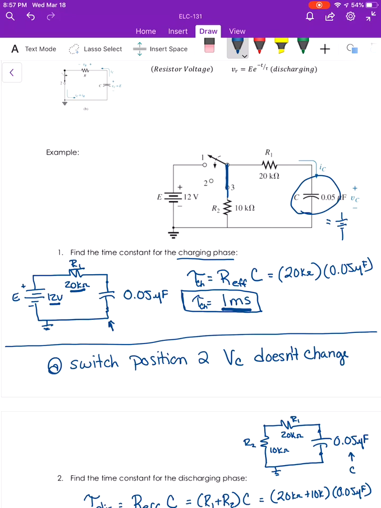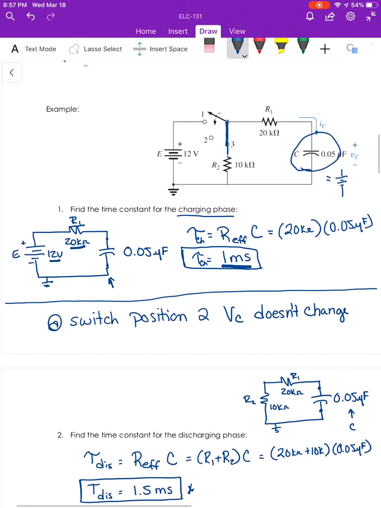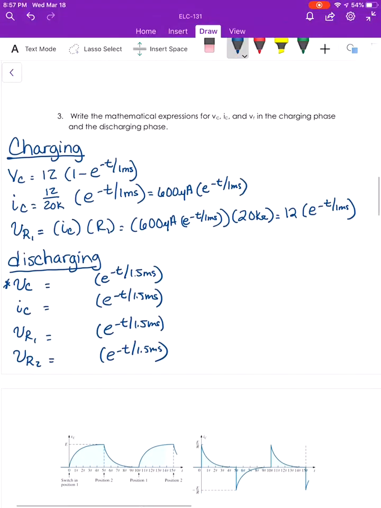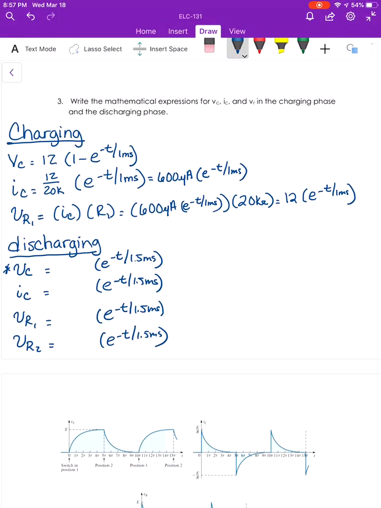It will drop off to 0, but that's what happens when it's discharging. Whatever it charged to, that's what it's going to discharge from. Now, we're going to assume in this case that we allowed it to charge all the way up to 12 volts, and we're going to discharge it from 12 volts.